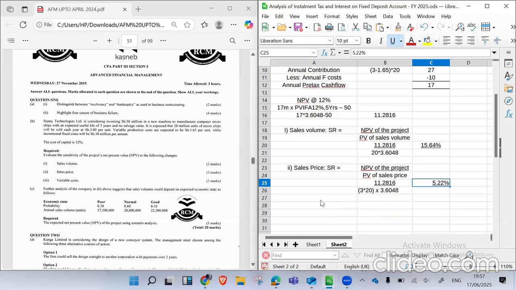Then, of course, the third one, they want us to get the sensitivity of the variable cost. So variable cost, the sensitivity ratio equals the NPV of the project divided by the present value of variable costs.